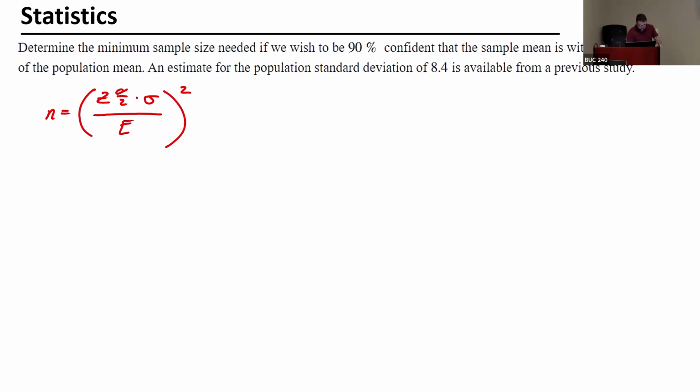Okay. Well, notice, hey, what's my z alpha over 2? What is it for 90%? Exactly, 1.645. Okay, do they give me a standard deviation?